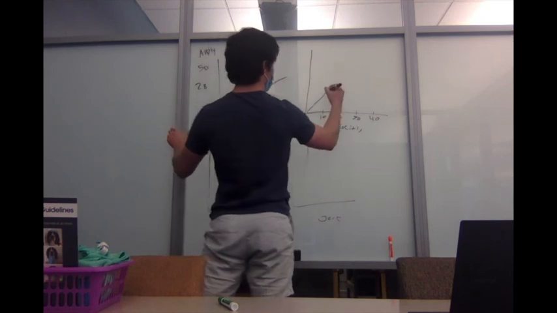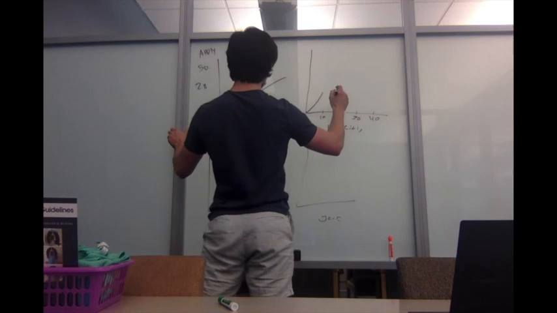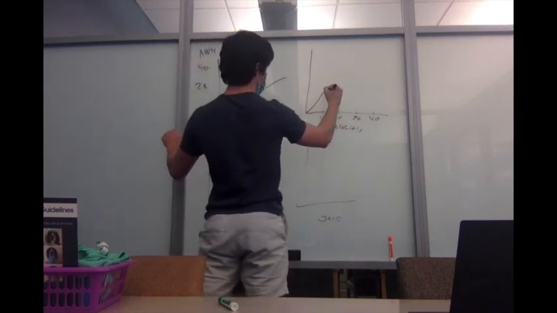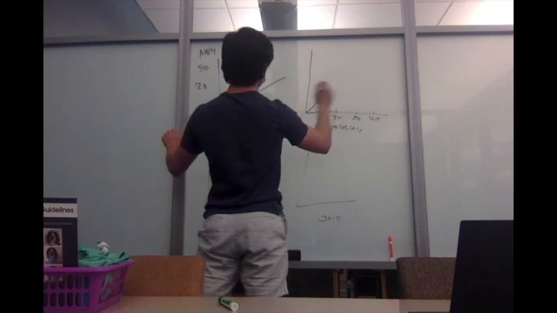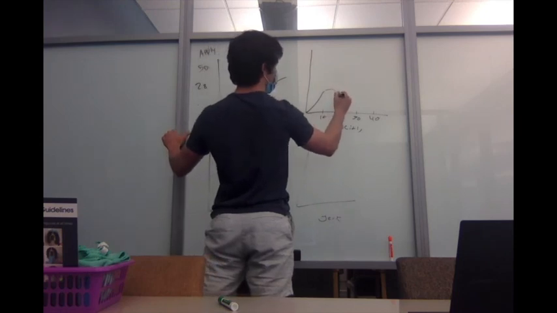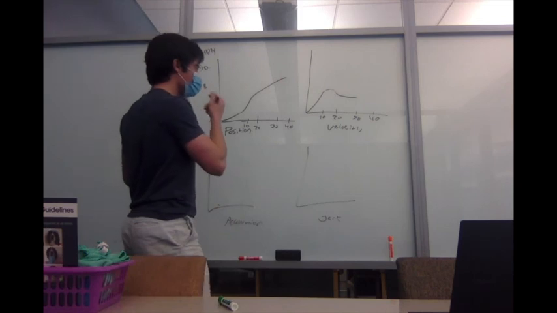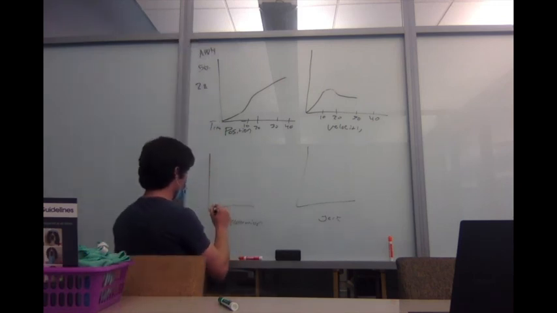Okay, so it reaches its peak velocity at 10 seconds, and then it starts to round off, and then decrease, and then it sort of stays the same at a certain point. So I just want to say that it sort of flattens out.